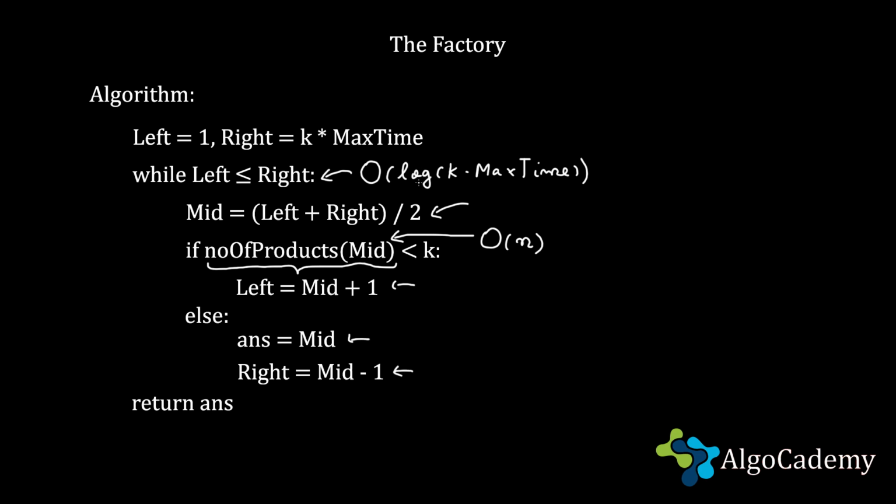So for log of k crossed max time times, I do a big O of n to compute the number of products. So the final time complexity of this algorithm is actually big O of log of k crossed max time, right, crossed n.